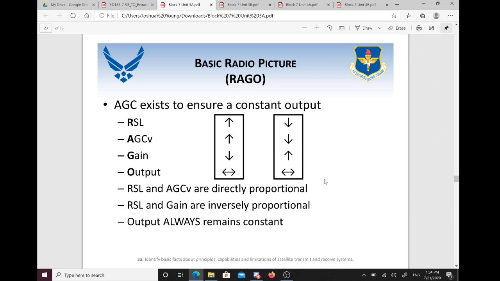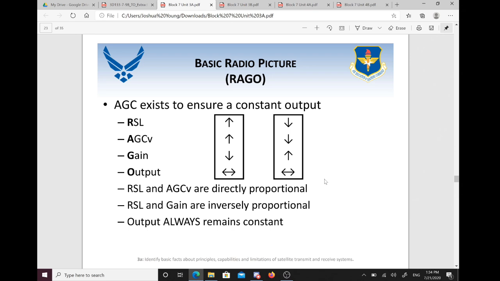So if y'all haven't talked about receive signal level at any point in this block yet, have you? Anyone? No, sir, we have not. Okay, because I know it's highlighted in the TISR TO, and whenever we start talking about the TISR specifically and digging into the C's and D's, it clarifies and expands upon receive signal level and its importance at that point.